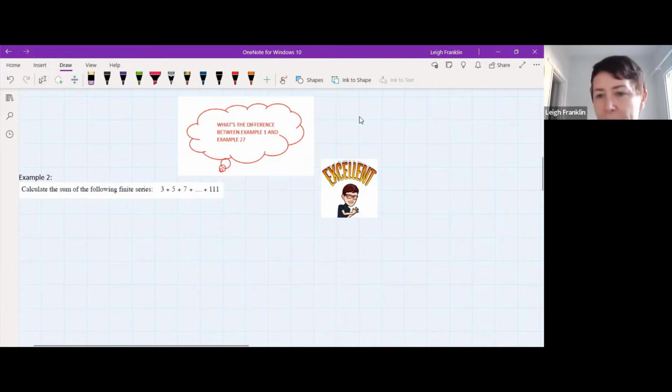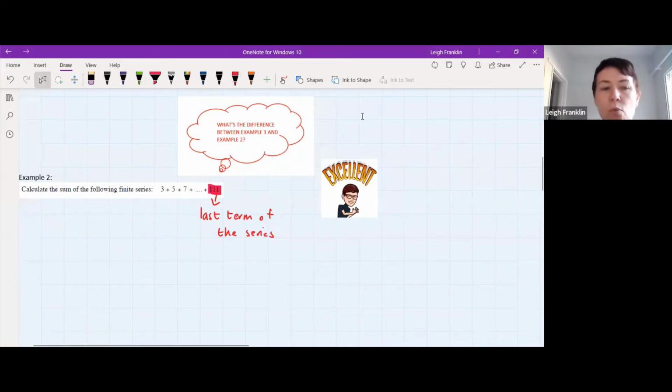Anyone want to give it a try? Indeed, Michelle, that's quite right. So they need to know the term position of this particular term in order to know how many terms there are in the series. Okay, so this is the last term of the series.